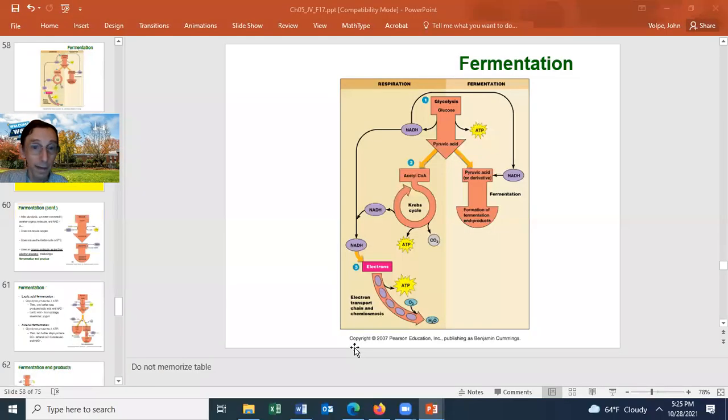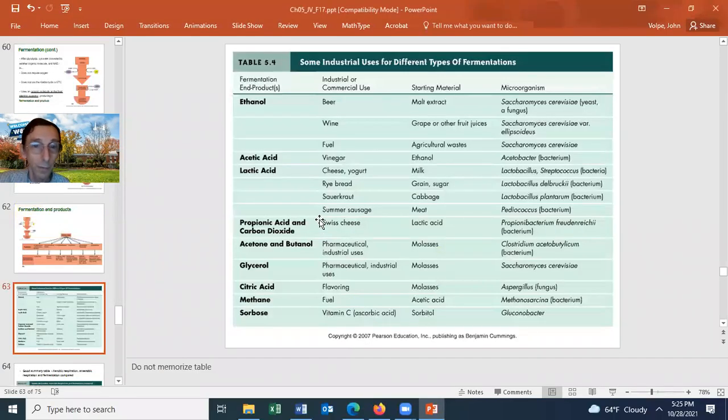This slide, you don't need to memorize this slide, but it's just telling you the different products made in fermentation, the different industrial or commercial uses, and then the starting material, okay?